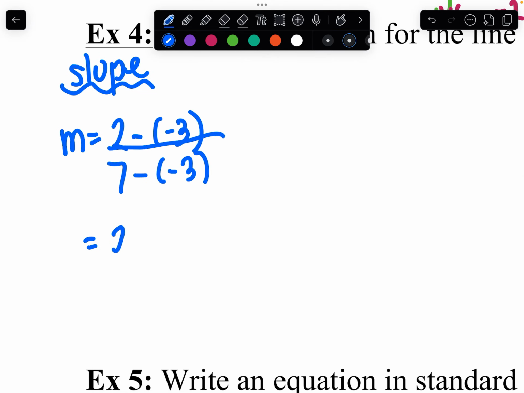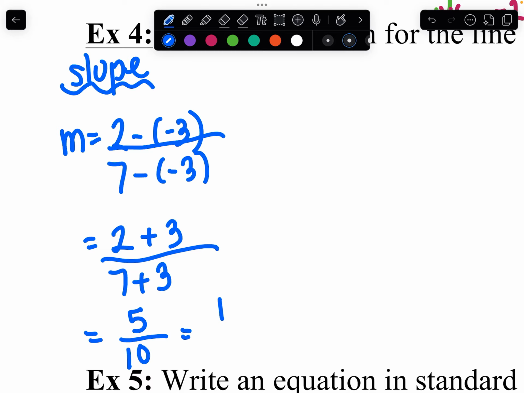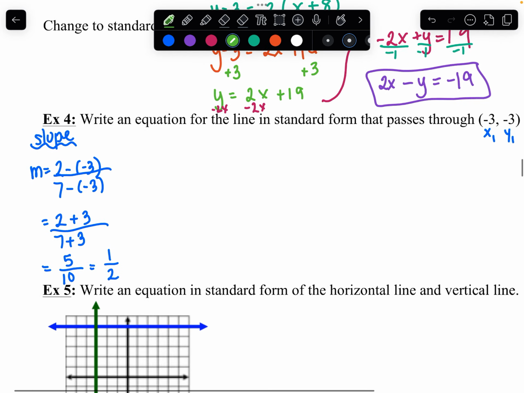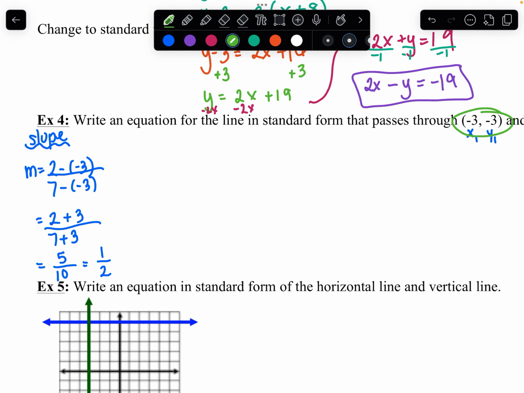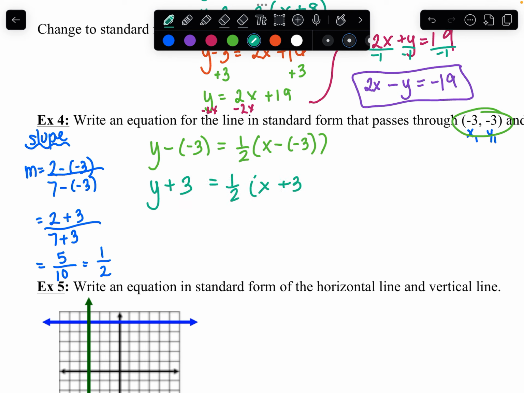We would get 2 plus 3 over 7 plus 3, which simplifies to 5 over 10, which we can then simplify to 1/2. Now that we have our slope and a point, I'm going to use my first point: y minus y sub 1 equals 1/2 times x minus x sub 1. Simplifying, I get y plus 3 equals 1/2 times x plus 3. So there's my point-slope form.